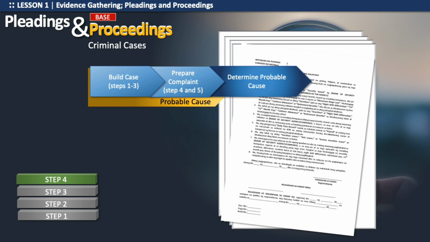Now, depending on the extent of punishment, what the prosecutor does will differ slightly. For example, if the punishment for the alleged offense is more than 4 years, 2 months, and 1 day, then the process for determining probable cause is more formal.